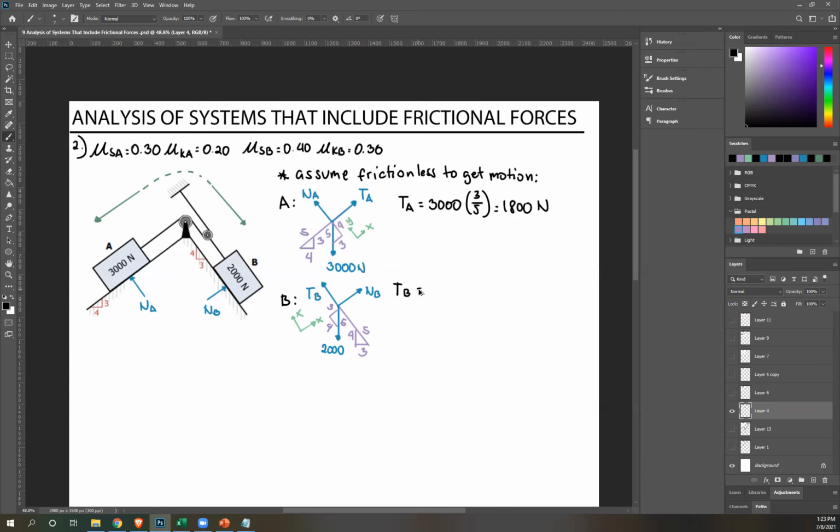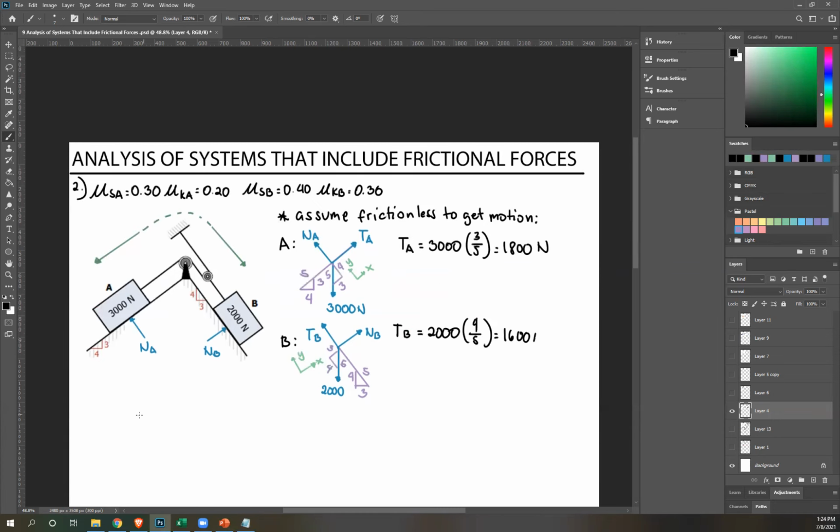So TB is, in this case, the vertical component, the component parallel to your tangent. So that's 2,000 parallel to your tangent. This is your tangent. The parallel side is this, so that's 4 over 5. So equate that, you get 1,600. Now we're not done. Look here.